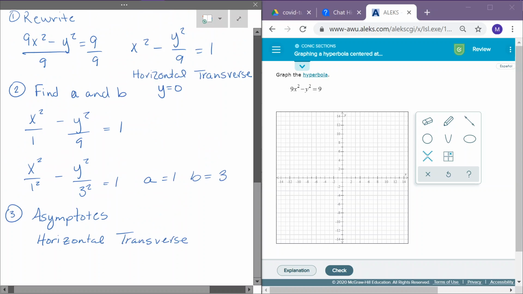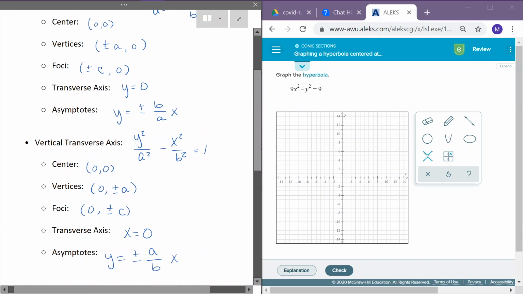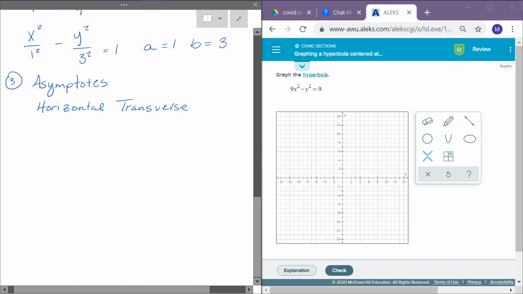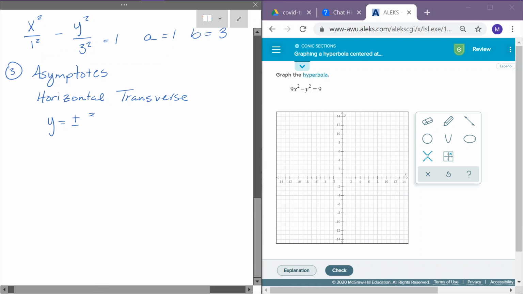So in that case, our asymptotes look like y equals plus or minus b over a x. So we have y equals plus or minus 3 over 1 x, which is just y equals plus or minus 3x.